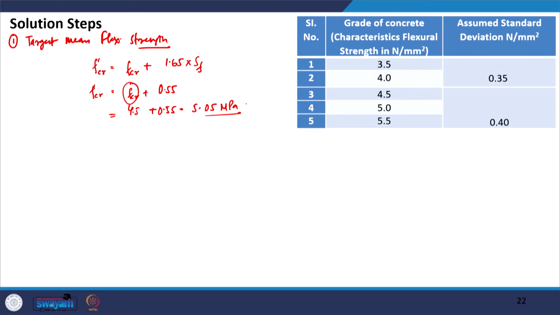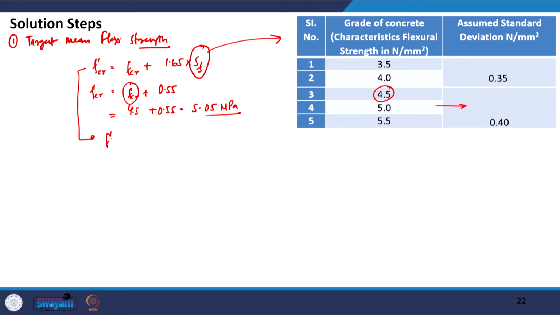And then for the first equation, I will need the value of SF. We can refer to this table, where SF is a function of the characteristic flexural strength. In our case it is 4.5, so the value will be 0.4.